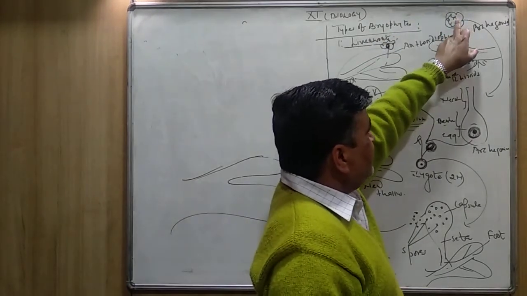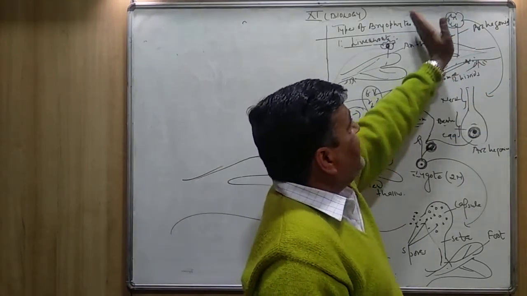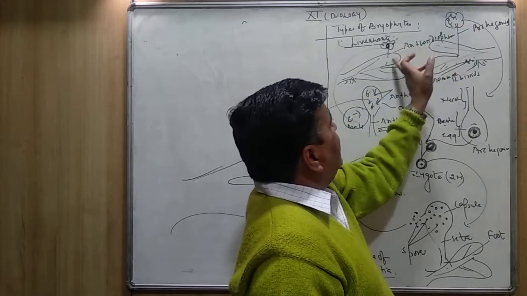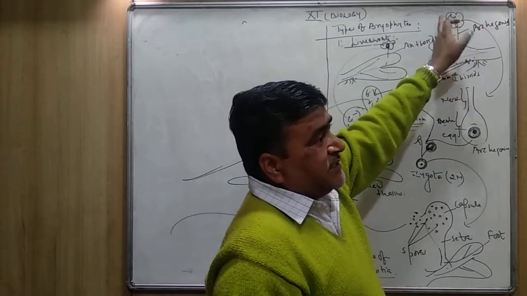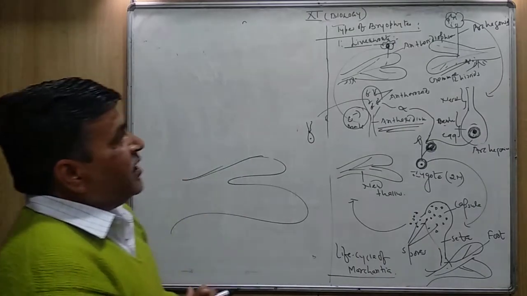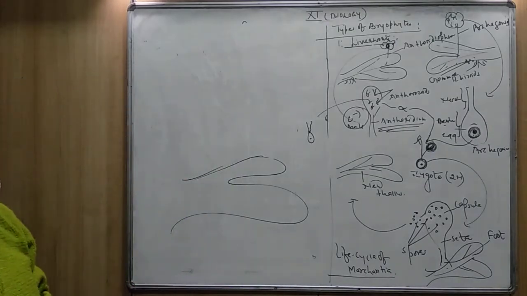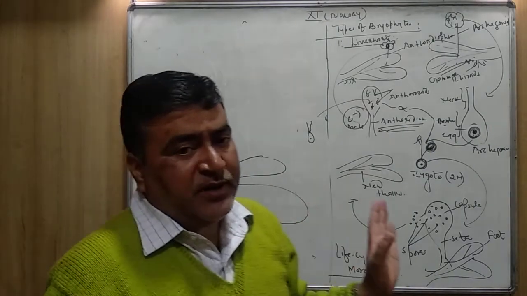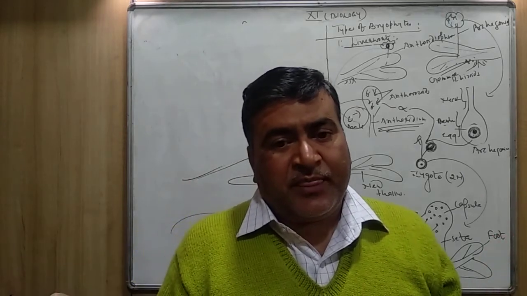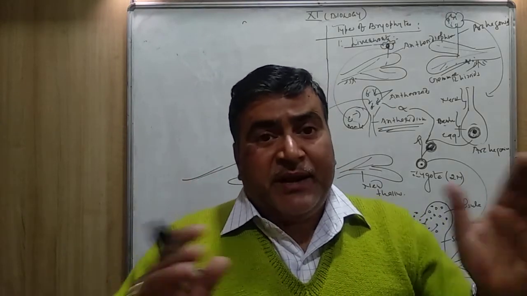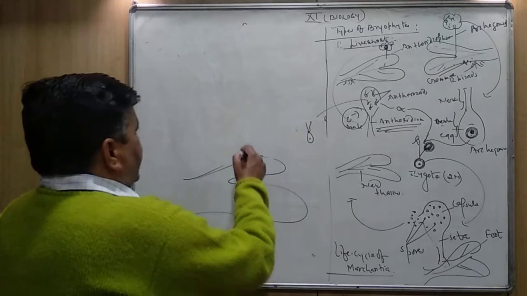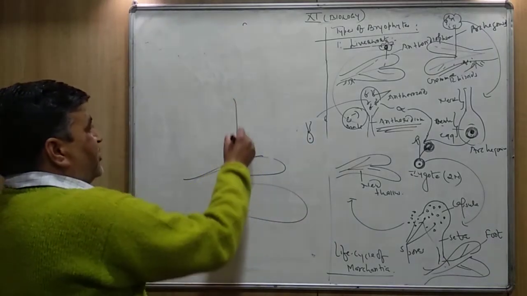Inside the archegonium. I have drawn here separately, but you should know where the process of fertilization takes place. Inside the archegonium. Now after the fertilization, the archegonium's work is over, and in place of the archegonium, a new sporophytic plant is formed.